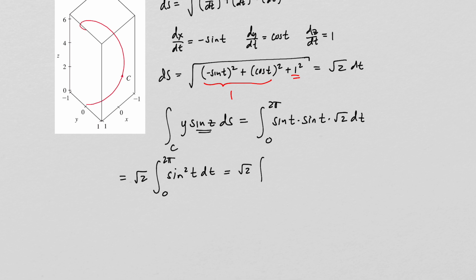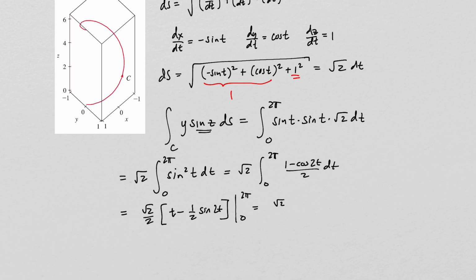Now we'll just go ahead and apply the half angle identity. We'll factor out the 1/2 and we'll integrate. I hope you follow all this work here. This is good old calculus 2 stuff. And of course, the integral of 1 is t, not 1. There we go. Now when we plug in 2 pi and 0, we simply get radical 2 over 2 times 2 pi, which is pi times the square root of 2.